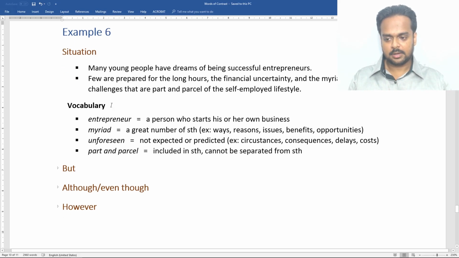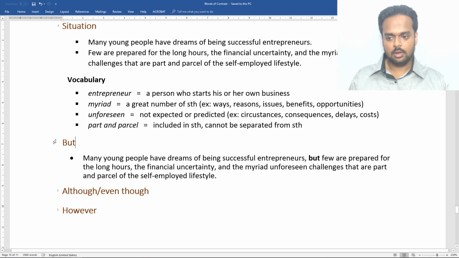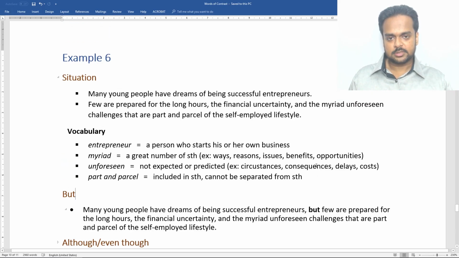All right, using but is easy here. As with the other examples, just the first clause, but, and the second clause.